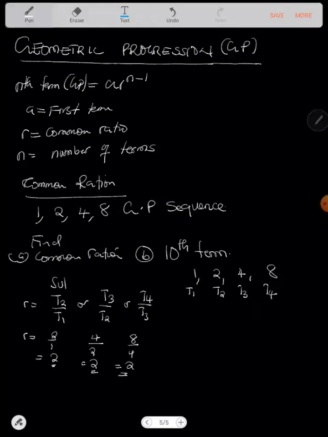How do I find my 10th term? I know that nth term is equal to a r to the power n minus 1. So I'm finding the 10th term, which should be a, the first term in the sequence, 1, times r, which is 2, to the power n, which is 10, remember, minus 1. So this will give me 1 times 2 to the power 9.